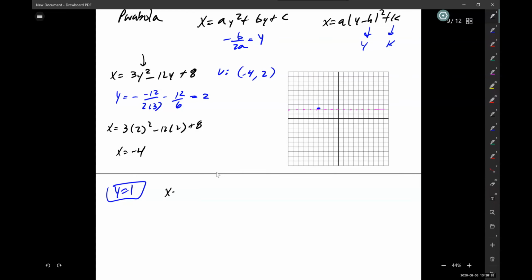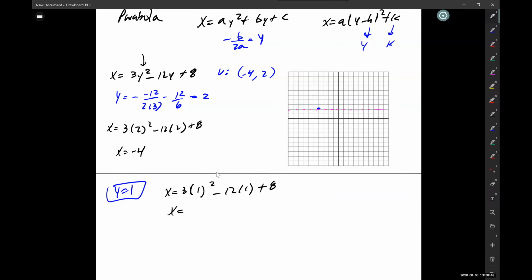x is equal to 3 times 1 squared minus 12 times 1 plus 8, which just gives you a value of negative 1. Or sorry, pardon me.